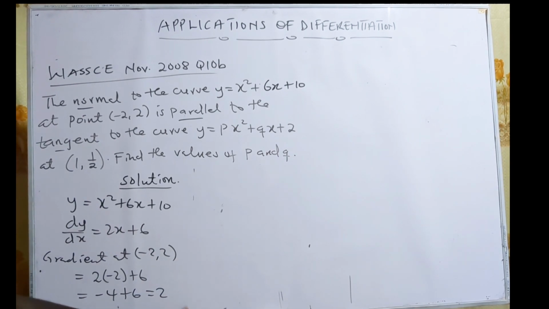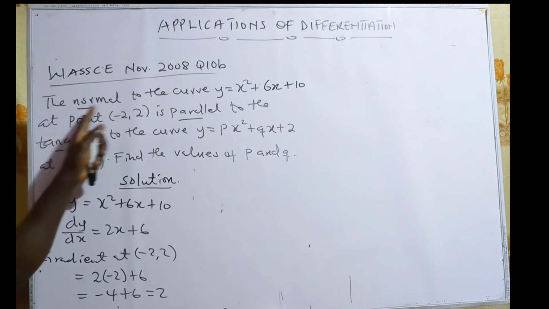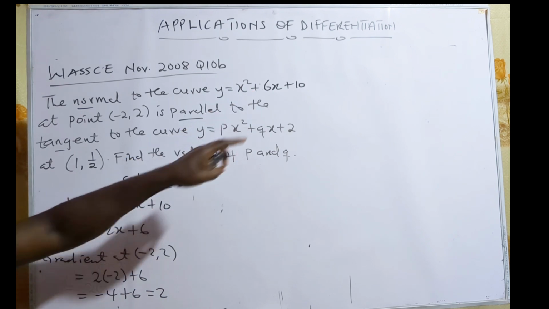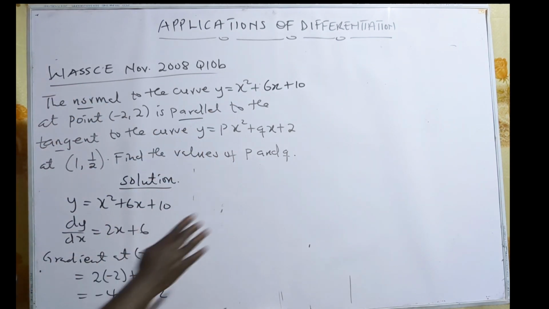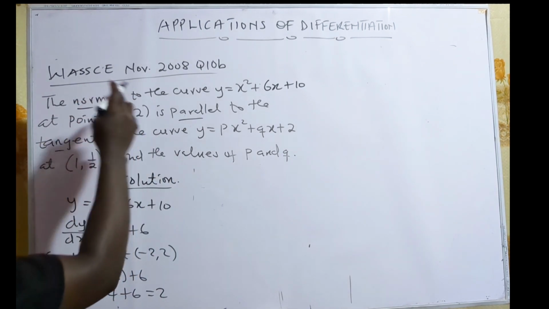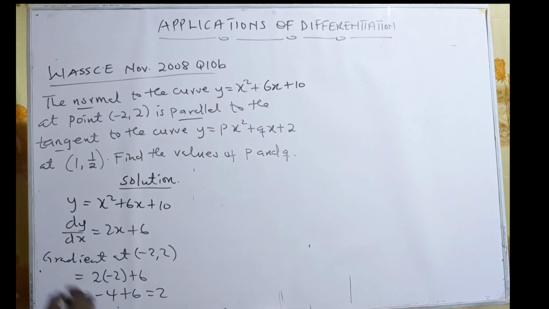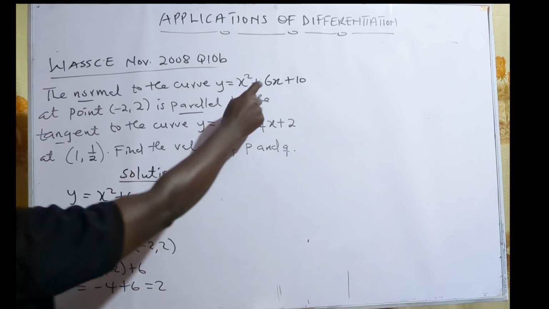But what we should take note of here is that this gradient 2 is the gradient of the tangent to this curve.